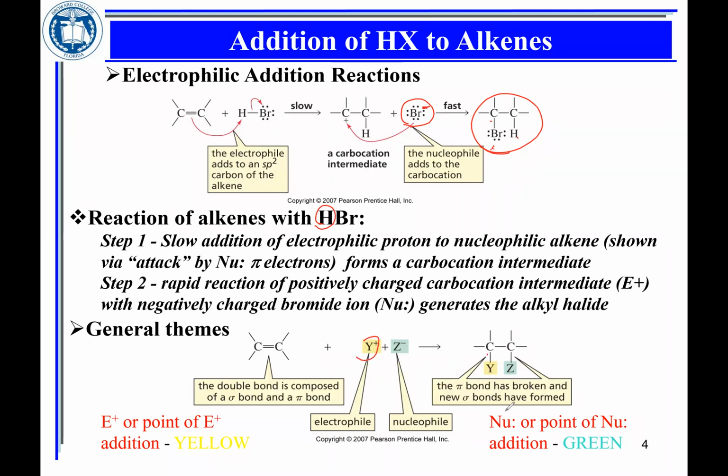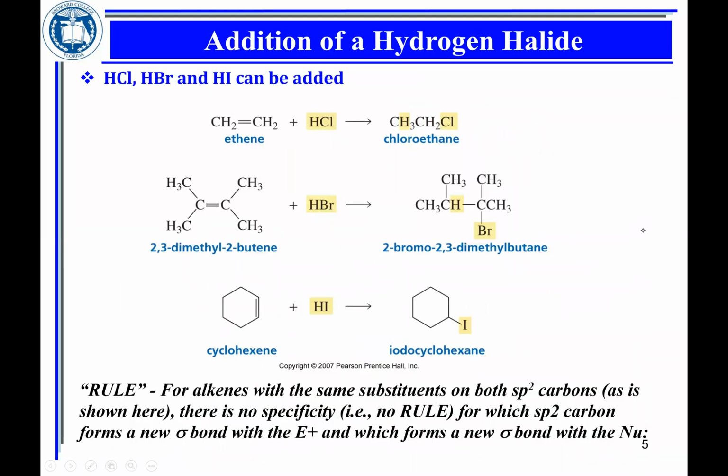Next, the nucleophile comes in and addition takes place. The nucleophile cancels the charge of the carbocation, and you have the net product of an alkyl halide, because a halogen is being added. When hydrogen adds, it doesn't add a functional group. But when a halogen adds, it adds a new functional group. So the molecule is now classified as an alkyl halide.